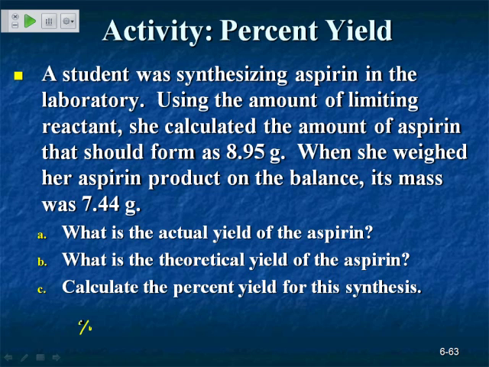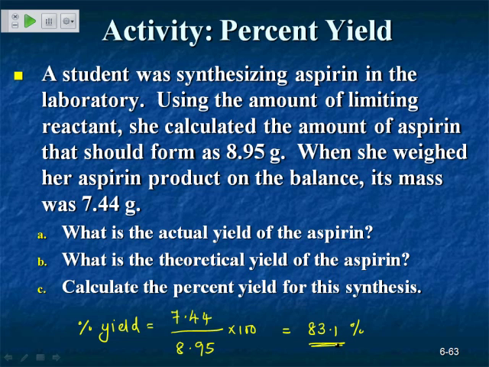So, percent yield would be, we will put 7.44 in the numerator and 8.95 in the denominator and then multiply by 100. What is it, David? 83.1%.